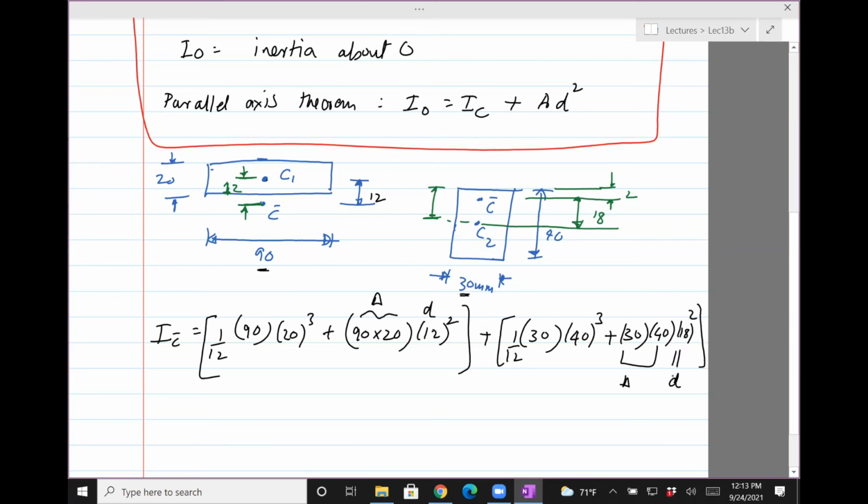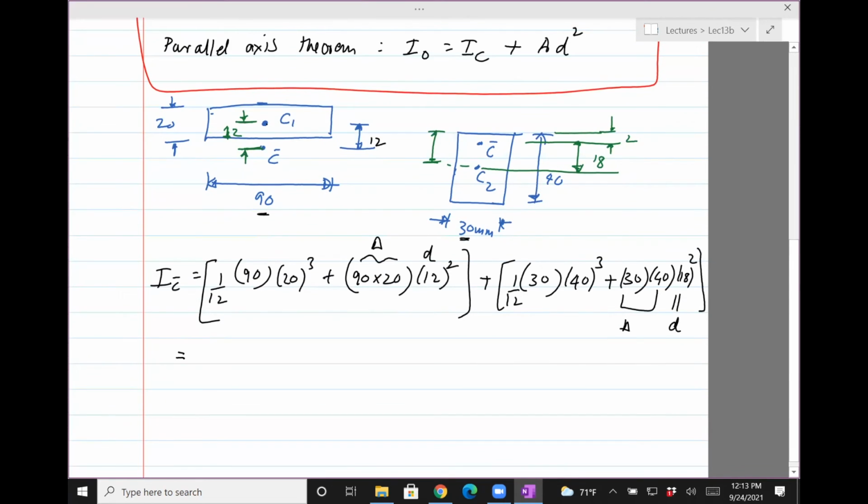This is T. So plugging all the numbers in, what I got for inertia about C bar is 868 times 10 raised to 3 millimeter raised to 4, which I can convert to meters: 868 times 10 raised to -9 meter raised to 4.